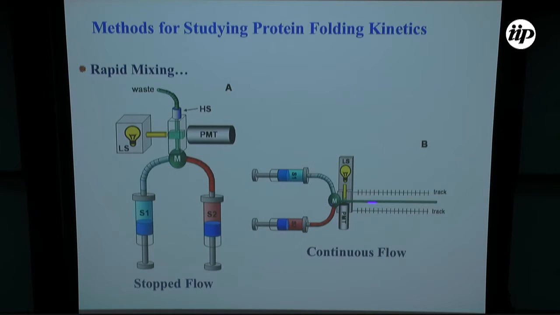The mixing times that you get in this kind of technique are on the order of 100 microseconds. Sometimes you can go down to 20 microseconds. That's your dead time. So how fast you can actually have uniform mixing after you put them in here, right?